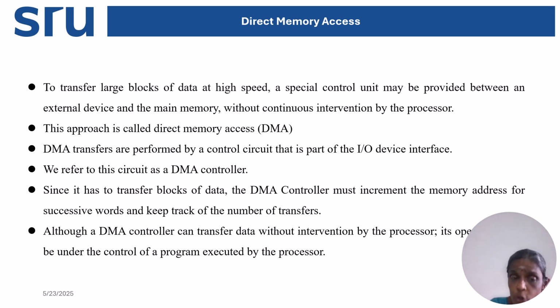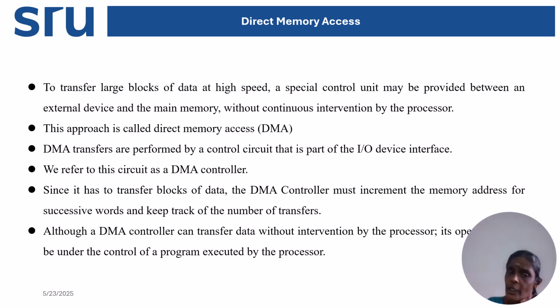It is under the control of the control circuit. Since it has to transfer a block of data, not one bit at a time, the DMA controller must increment the memory address for successive words and keep track of the number of transfers. So, the address should be tracked.